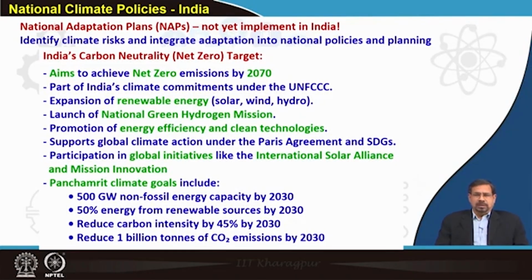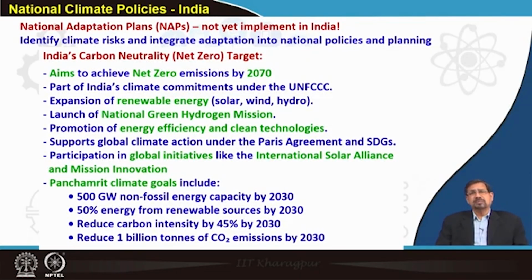Now, in that COP in Glasgow, our PM committed to achieve net zero by 2070, and he put it forth in terms of 5 commitments, which is called Panch Amrit. So, 5 lines. The first one is 500 gigawatts of non-fossil energy capacity to be achieved by the end of this decade, that is 2030.